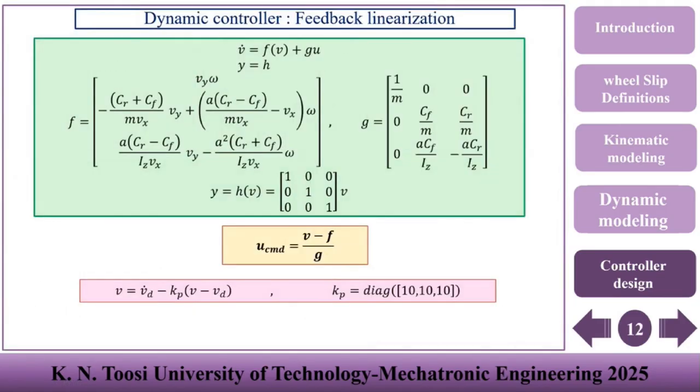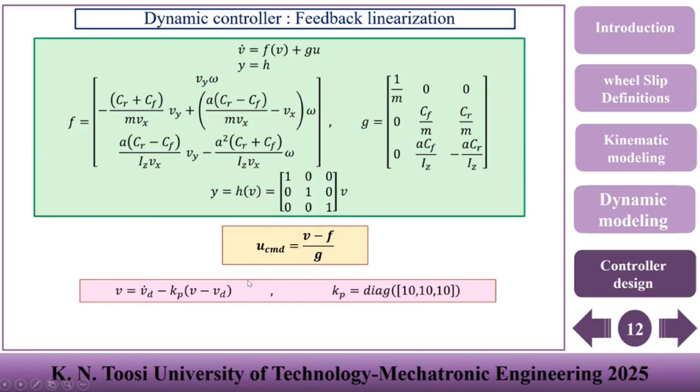The dynamic controller, which is the inner layer, is a simple feedback linearization controller. As you can see, this is our nonlinear dynamic model, which we established before. And here the G matrix is numeric and invertible. So we can easily eliminate the nonlinear terms and design this control law here.